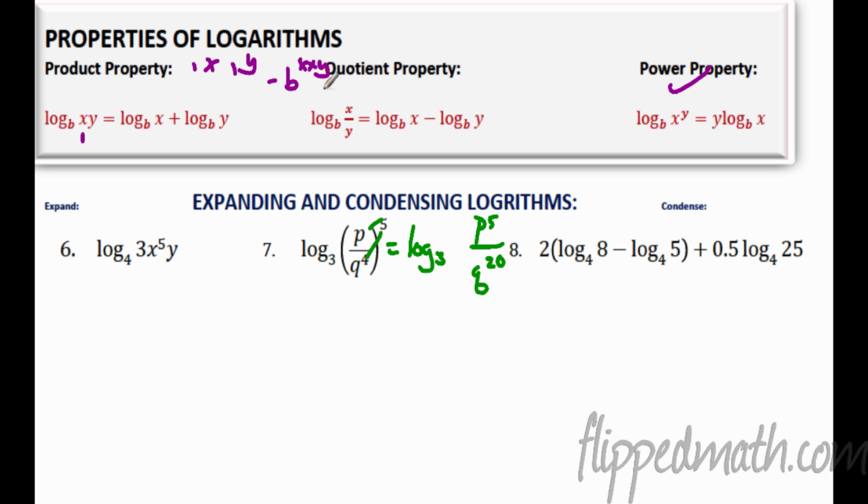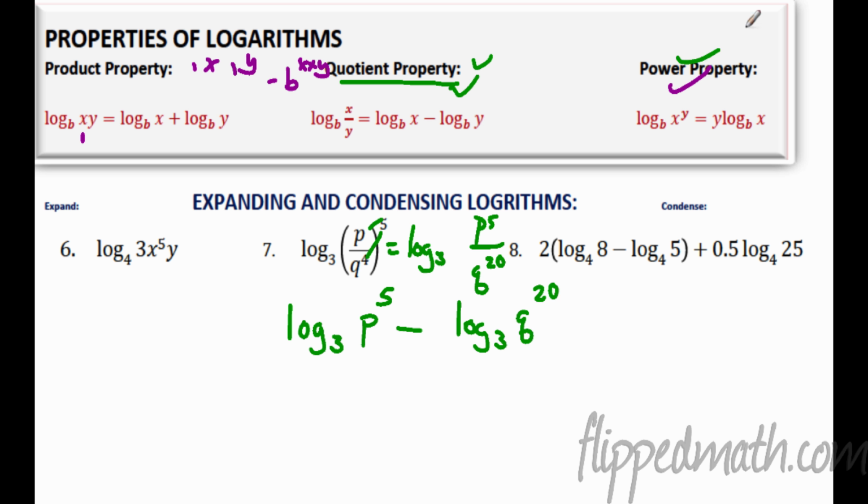Now we have subtraction. That's using this rule. We're going to use the quotient property right now. We're going to have subtraction of those two different terms, p to the 5th and q to the 20th. So we're going to get log base 3 of p to the 5th minus, using the quotient property, log base 3, it's got to be the same base, of q to the 20th.